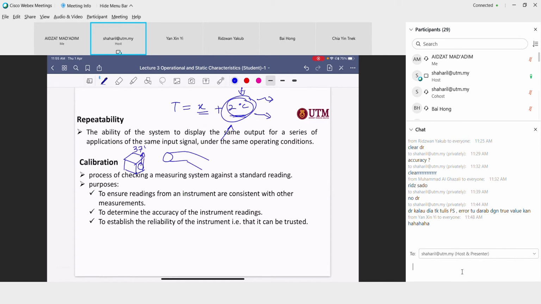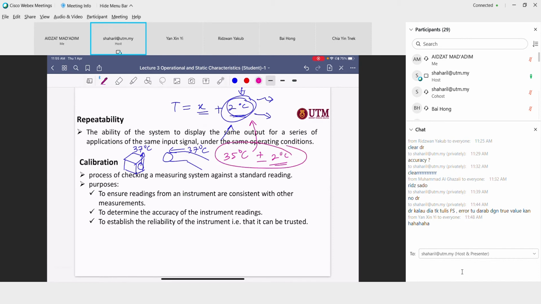For example, 37. So your temperature gun should read 37 degree. Okay, if at that time your temperature gun reads around 35 degree, that means your equation needs to plus the offset, which is 2 degree. Okay, that is the purpose when you do the calibration.